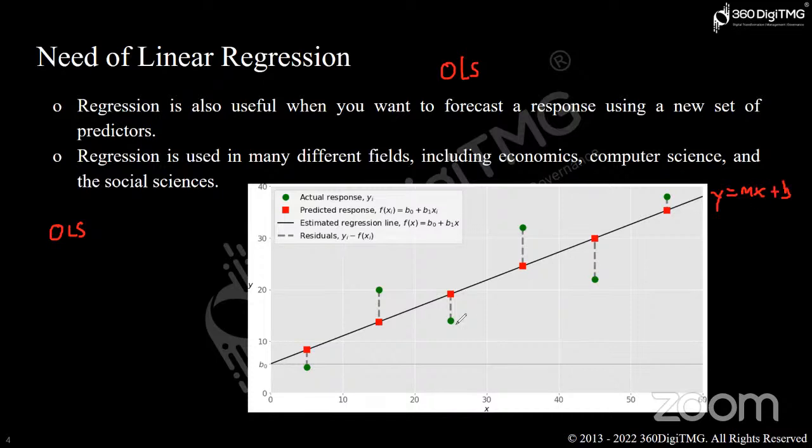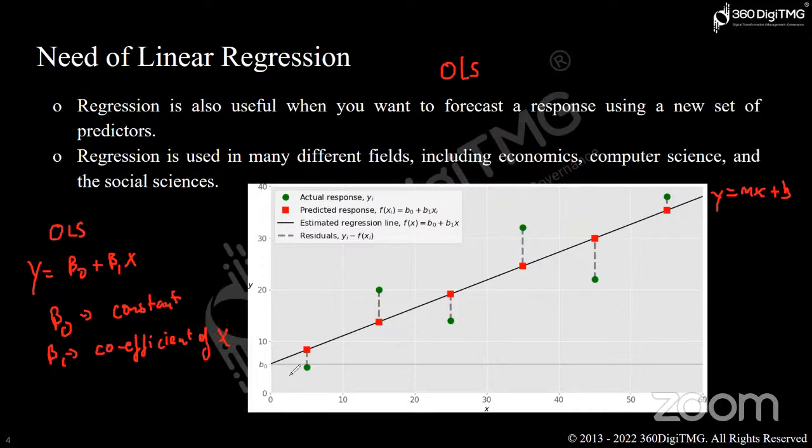Now, one thing we have to remember here is that when we are talking about linear regression in terms of data science, we don't use terminologies like m or b. Here the equation is written as y equals beta naught plus beta 1 of x. Here beta naught is some constant value and beta 1 is the coefficient of x.